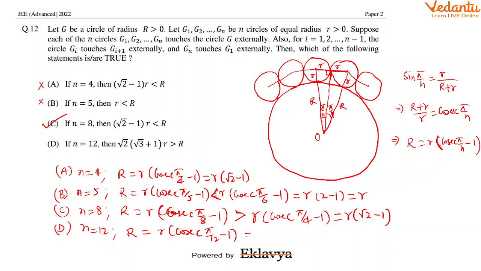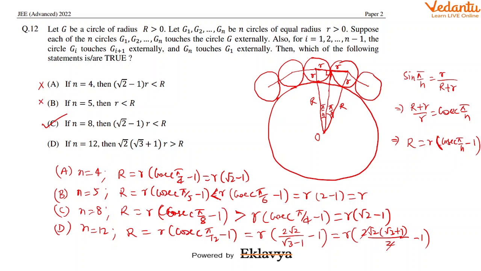The value is root 3 minus 1 by 2 root 2. So the reciprocal is 2 root 2 divided by root 3 minus 1, and taking the conjugate, we can write 2 root 2 times root 3 plus 1 by 2, since root 3 minus 1 times root 3 plus 1 is 2, and the 2 gets cancelled.